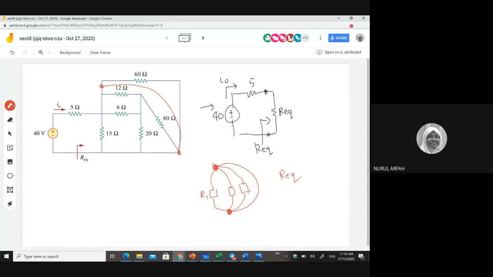If this is R1, R2, R3, R equivalent 1 equals what? Anyone can guess?